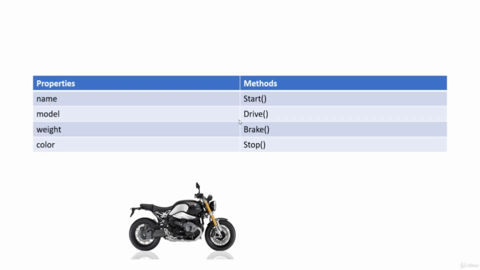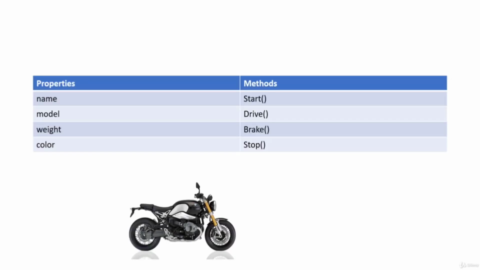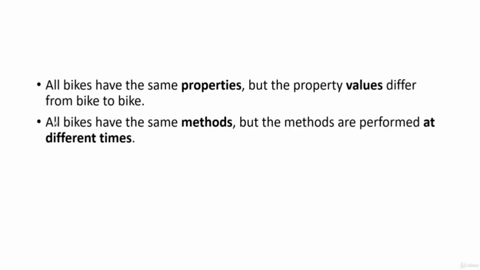That means any object will have properties and methods. All bikes have the same properties, but the property values differ from bike to bike. They will have name, model, weight, color, but the values will be different.